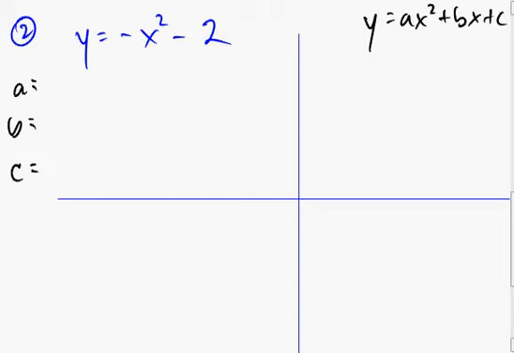Okay, Tony, what's A? A is -1. Charlene, what's B? Oh, Charlene. Good. Rebecca, C, -2. Okay. See, B is 0. This basically says this. Okay.